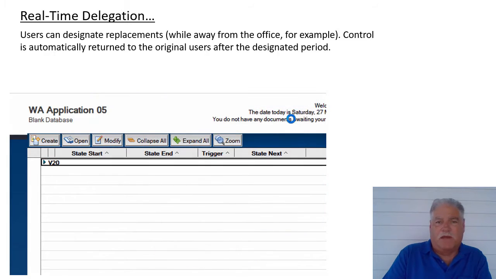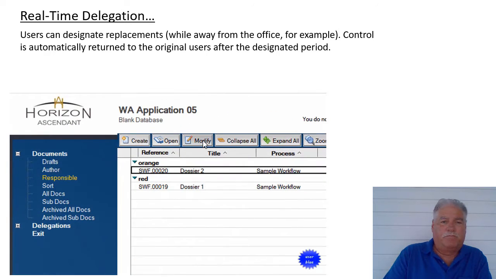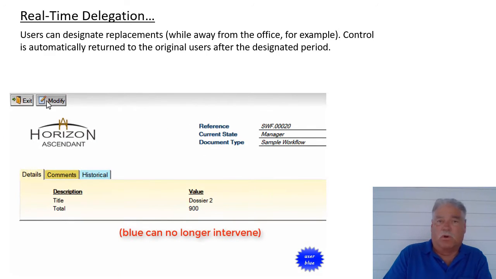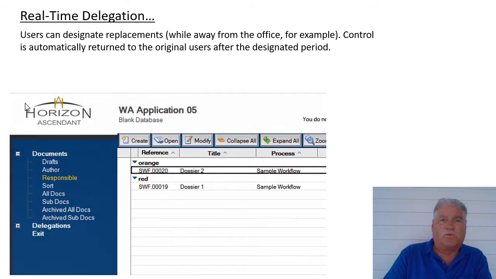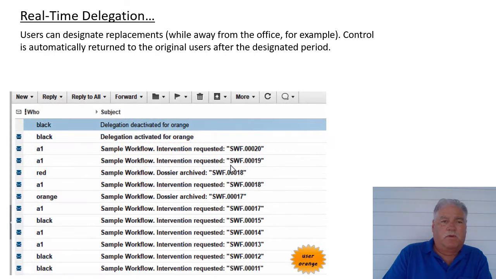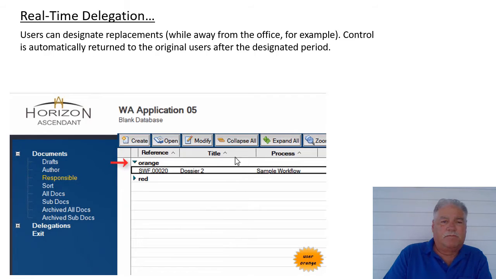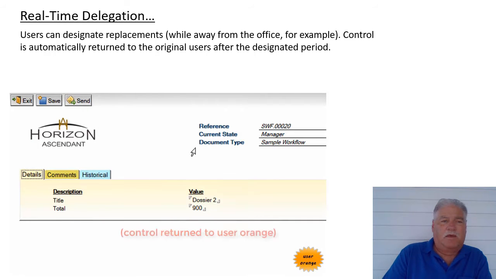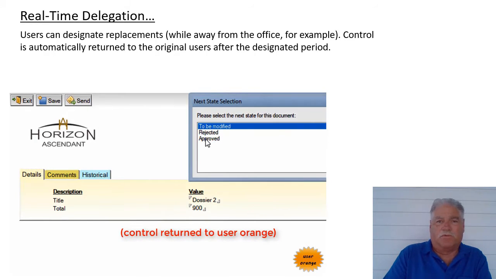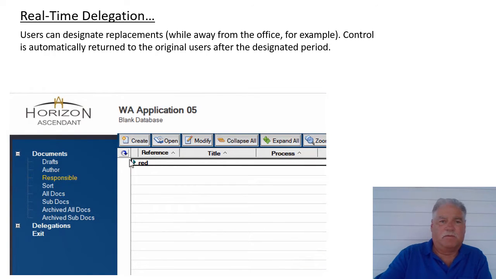And now moving outside the delegation period, we can see that Blue no longer has control over the document. An email has been sent to both users indicating that the delegation period is over. And control has been returned to user Orange, as you would expect.